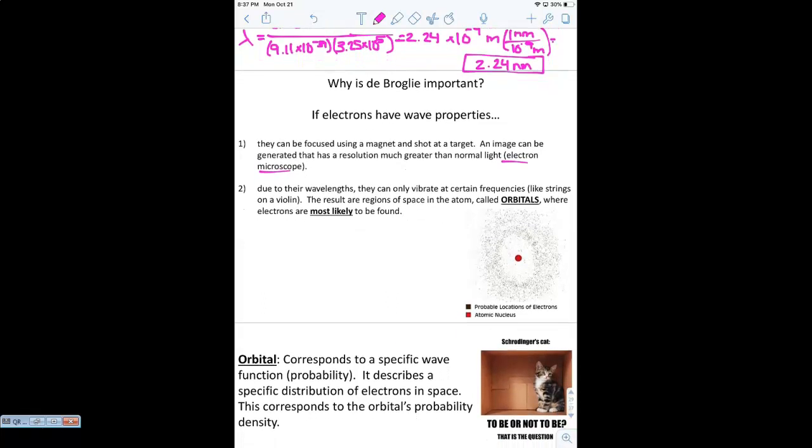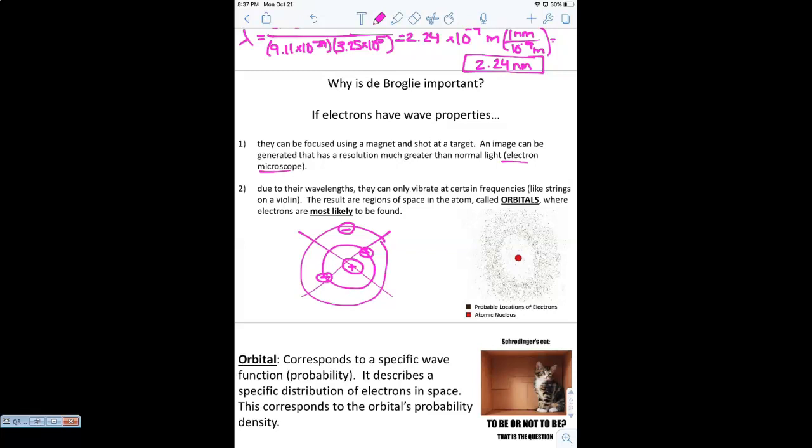Another important thing about de Broglie's idea is that what we thought the atom looked like, or what Bohr thought the atom looked like, is going to change. Instead of electrons that orbit in perfect circles around the nucleus, we came to the conclusion that electrons do not travel in perfect circles, but are found in orbitals instead.